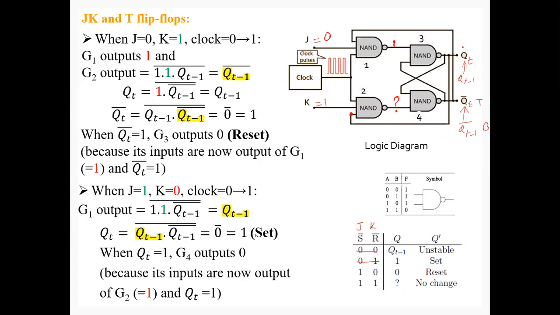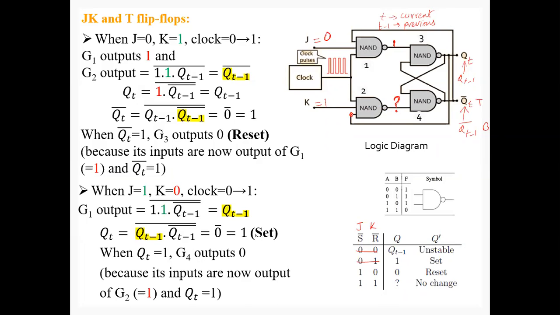Remember, QT is the current state. QT minus 1 is the previous state, right? T means current. T minus 1 is previous. So if this is, what should be here? We are trying to find the current state based on the previous state.